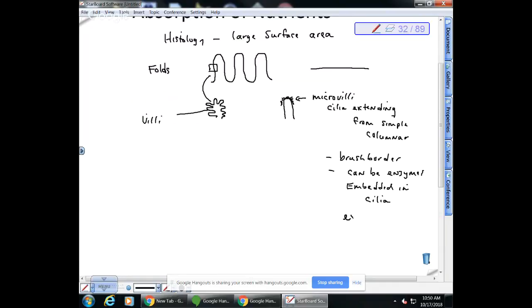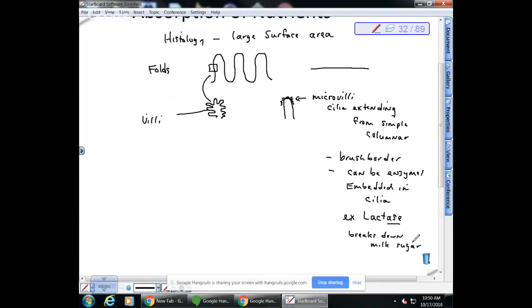And an example of this is lactase. So what do you think lactase breaks down? Lactose, right? So lactose is a milk sugar. So it breaks down milk sugar. So babies are born with these brush border enzymes, but as you mature, in most mammals, the lactase specifically does not get put into the plasma membrane.